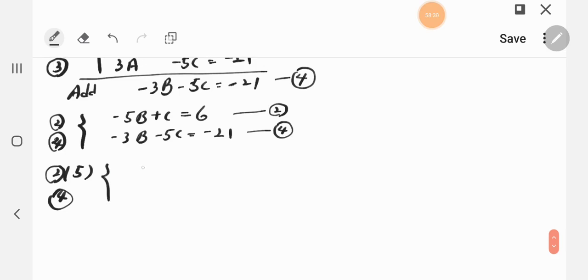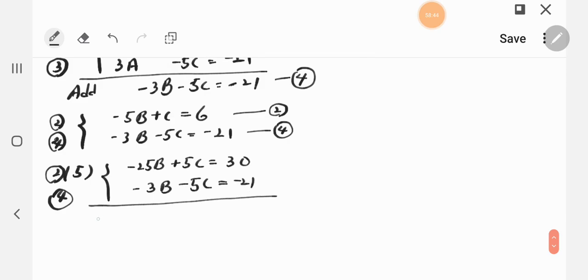Then negative 25b plus 5c is equal to 30, and negative 3b minus 5c equals negative 21. Add it. Negative 28b is equal to, that is 20. Oh, something is wrong again.